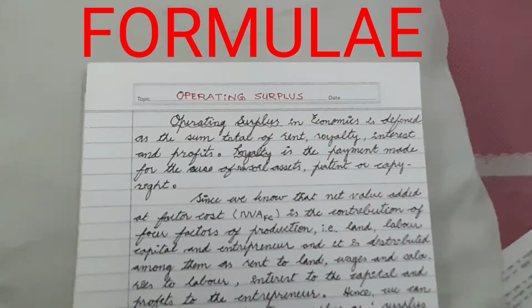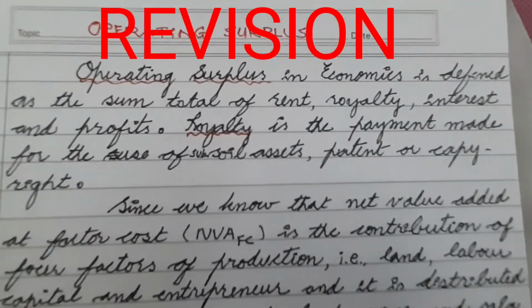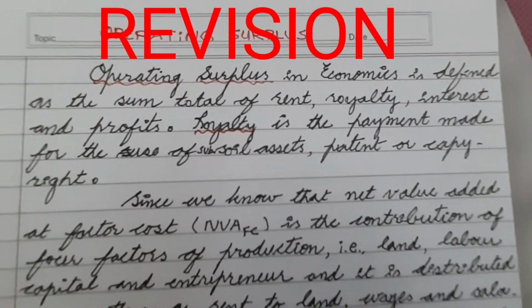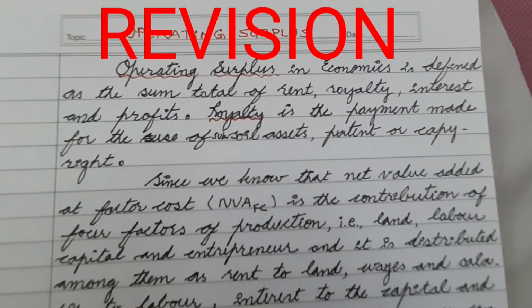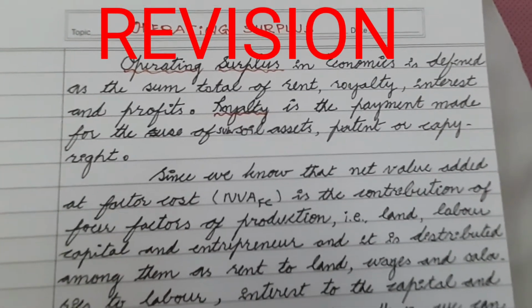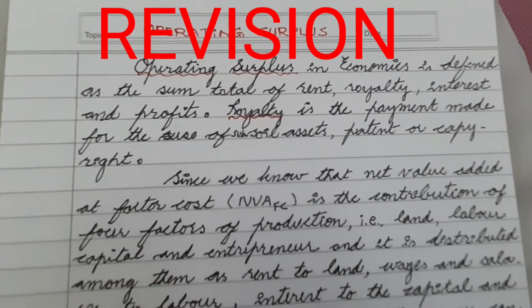So now let's revise once again. Operating surplus in economics is defined as the sum total of rent, royalty, interest, and profits. Royalty is the payment made for the use of subsoil assets, patent, or copyrights.